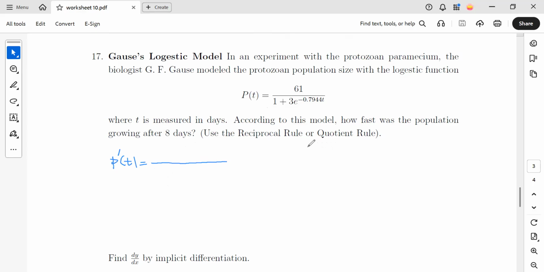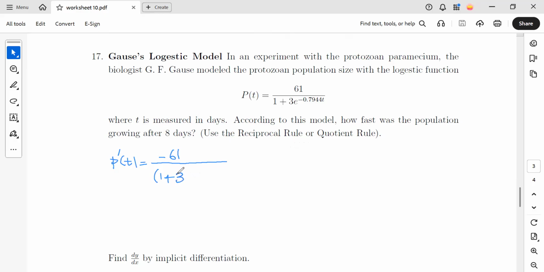It's up to you. So either method is fine. So you would end up with this formula as the quotient.